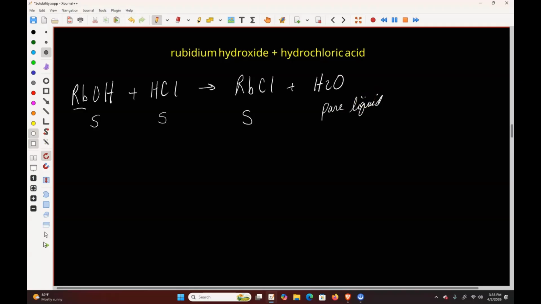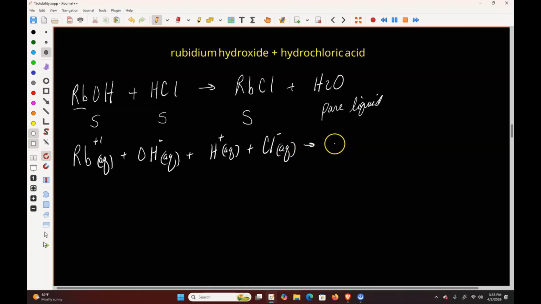All right, so let's break these into ions. I'm going to dissociate the first one. It forms a rubidium plus 1 aqueous ion and a hydroxide aqueous ion. The HCl is going to ionize into a hydrogen aqueous ion and a chloride aqueous ion.